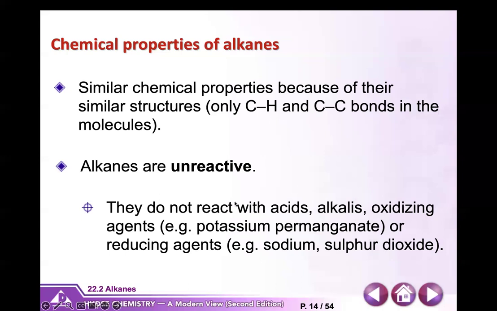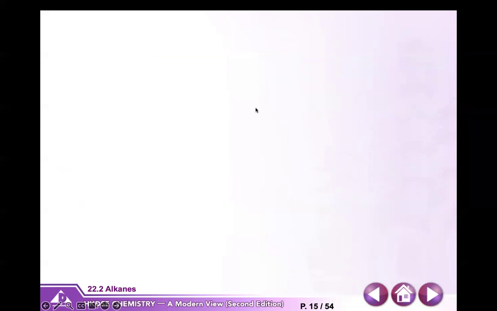That's why alkanes do not react with acids, alkalis, oxidizing agents, or reducing agents. So in fact, we say that alkanes are somewhat inert. Because the C-C single bond and the C-H bond are strong, they seldom react.